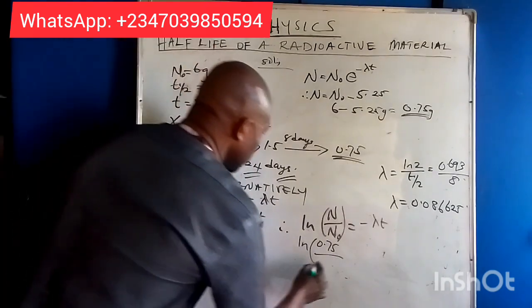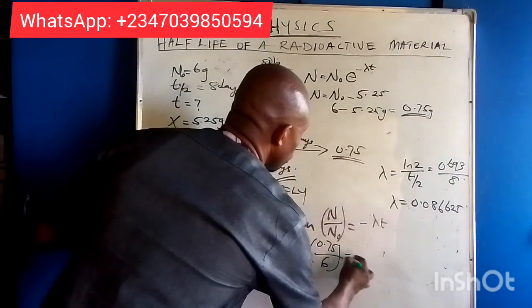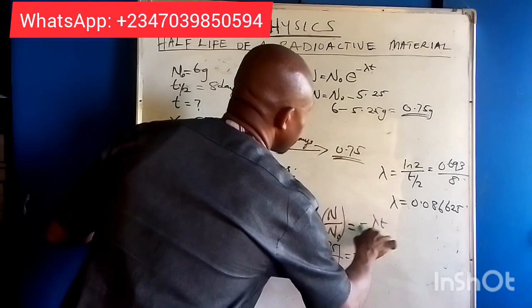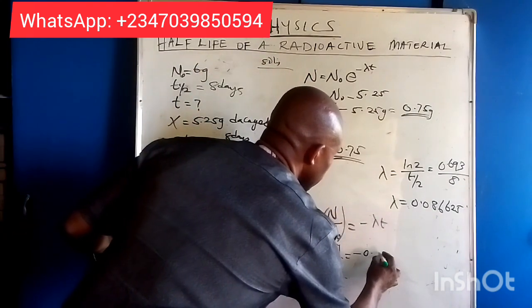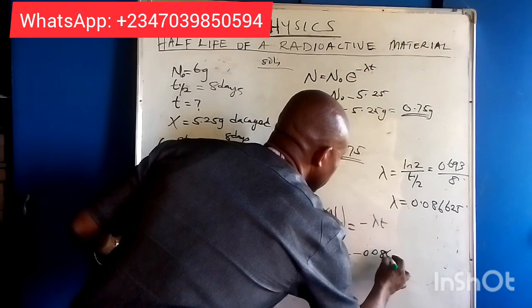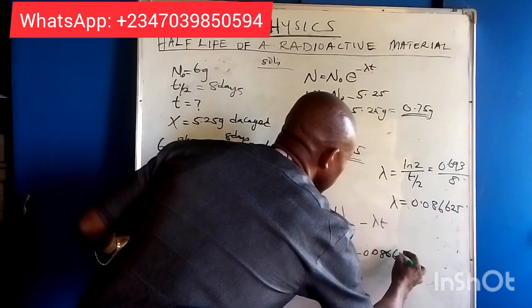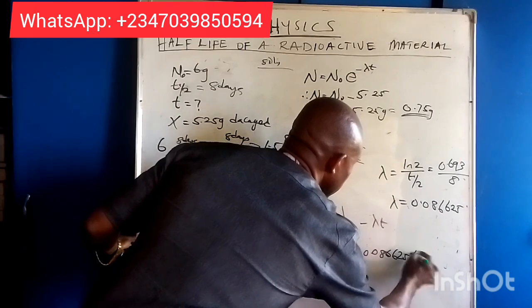Original mass is 6, which is equal to minus lambda. We have gotten our lambda to be minus 0.086625 multiplied by t.